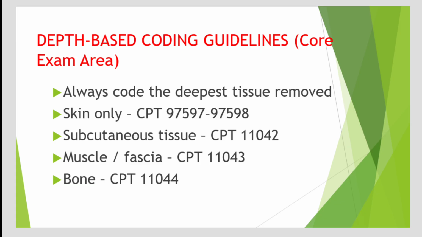Muscle or fascia means 11043. For bone, 11044. So code the deepest tissue removed even if skin and subcutaneous tissues were removed. So always code the deepest tissue removed.